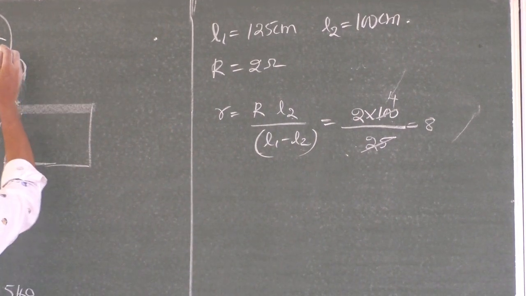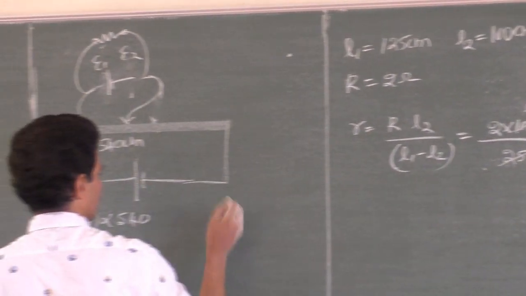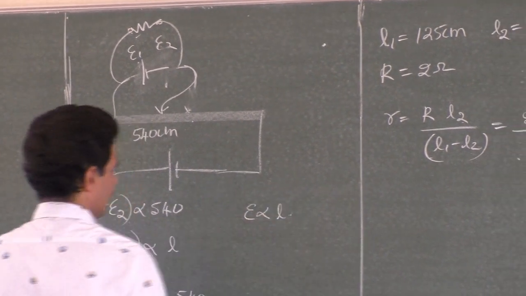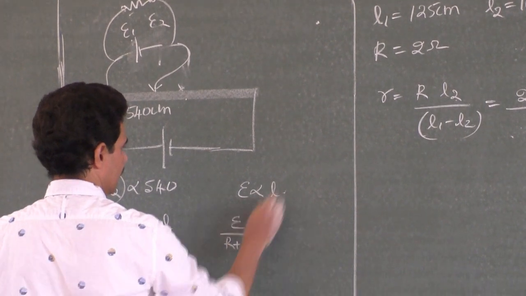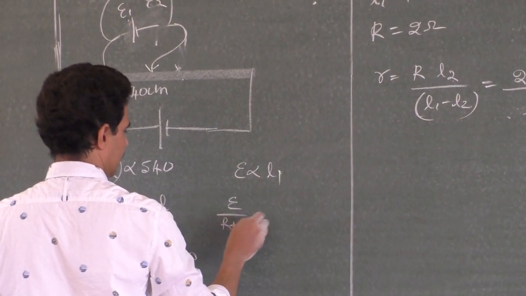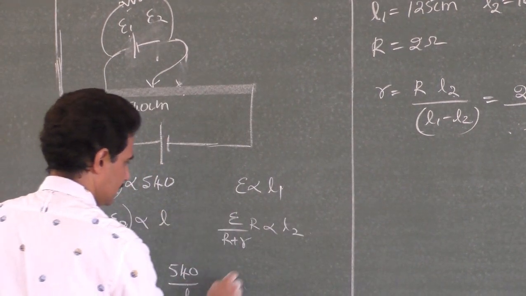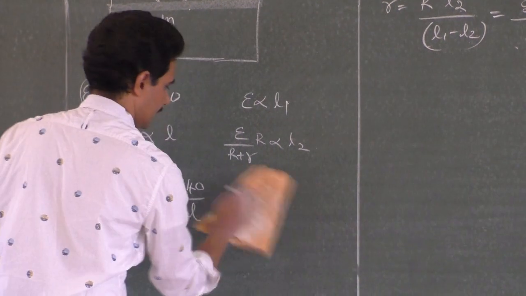So if you have a battery without any internal resistance, then E is proportional to L. Next, I bar means E by R plus r is L1. E by R plus r into R is proportional to L2. And if you divide this, E by R plus r, okay, I'll divide it like this.